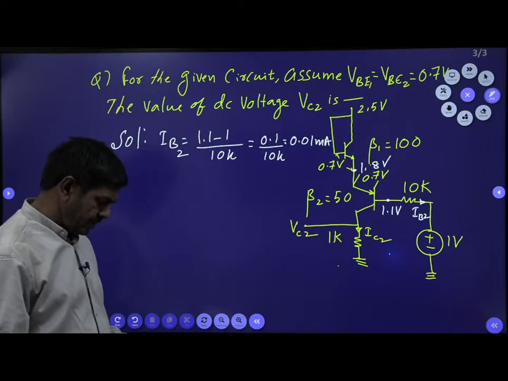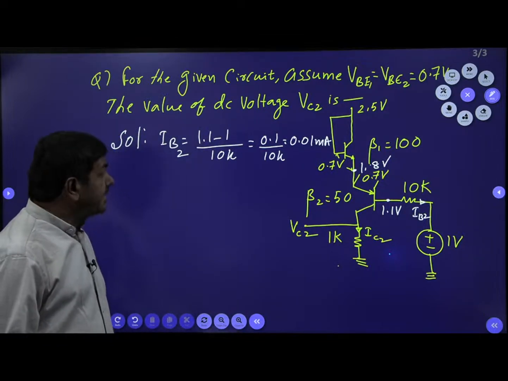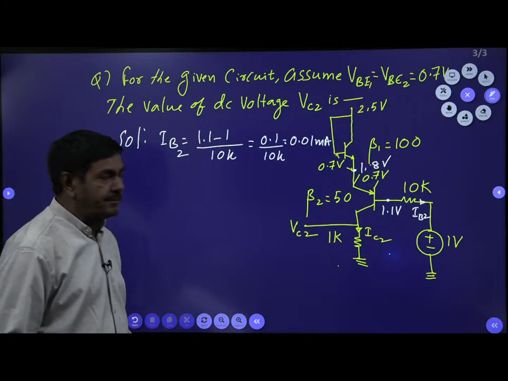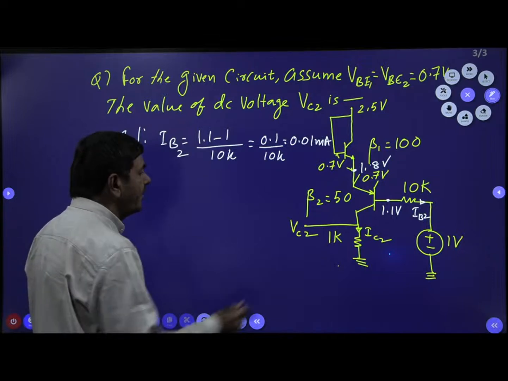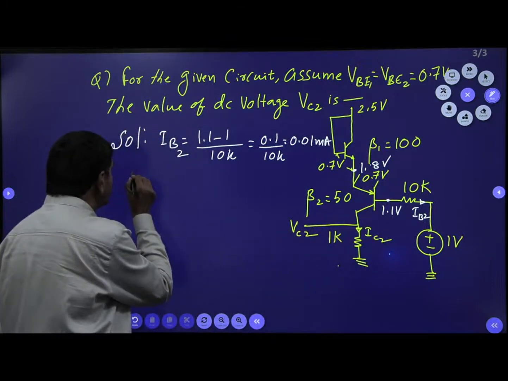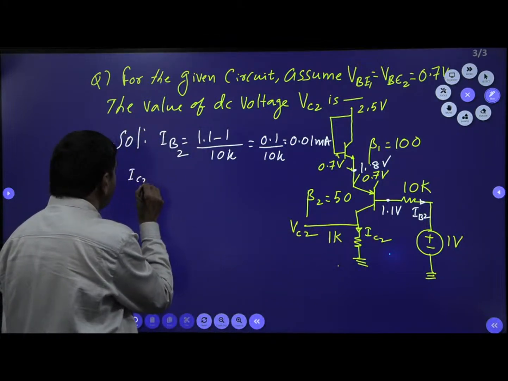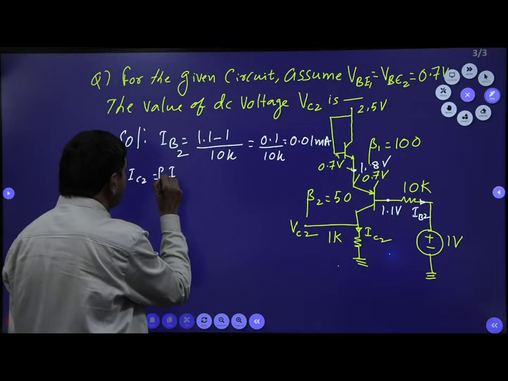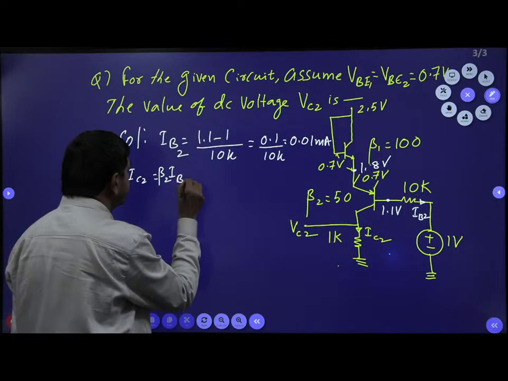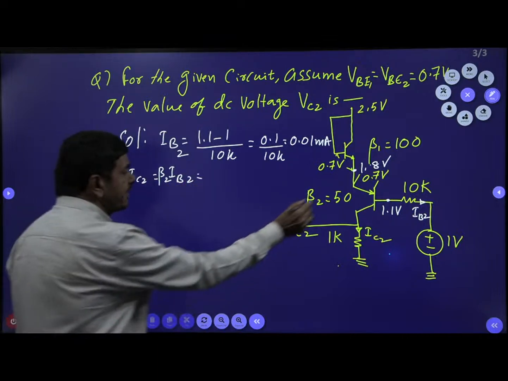0.01 milliamperes is the base current of the second transistor. Now, using this base current, I can find IC2. IC2 equals beta 2 times IB2. Beta 2 is given in the problem as 50.